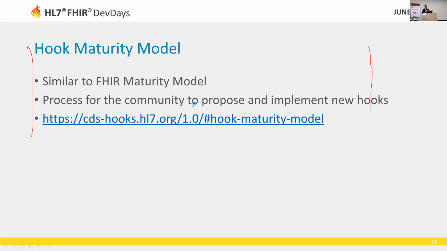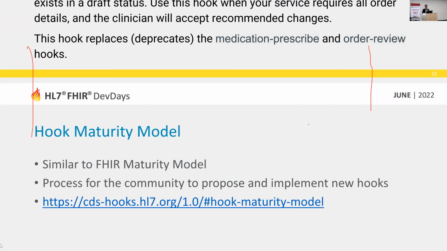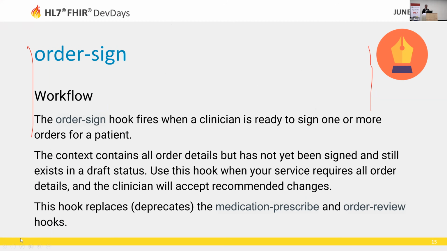So that whole process is described in that hook maturity model link, but we basically submit a new proposal for a hook as a draft update to the specification. And then that hook is discussed and potentially approved, and then goes through a balloting process with HL7 before it's finally STU and or normative.